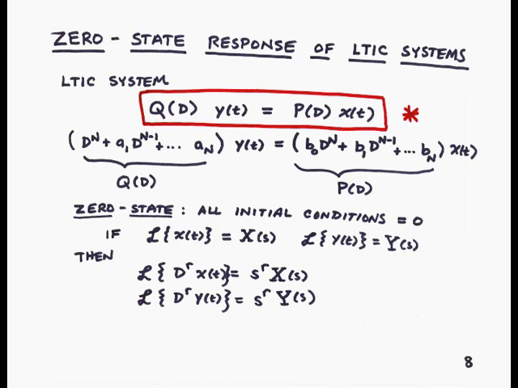So, we have a much simpler result: the Laplace transform of the rth derivative of x(t) will be s^r X(s), and of course the Laplace transform of the rth derivative of y(t) will be s^r Y(s).